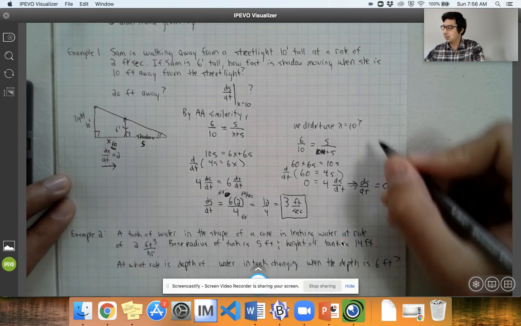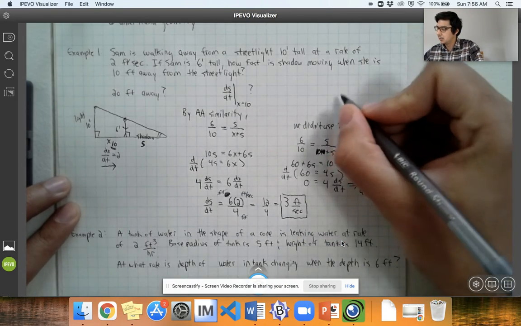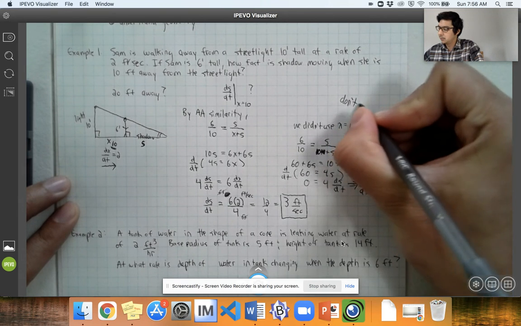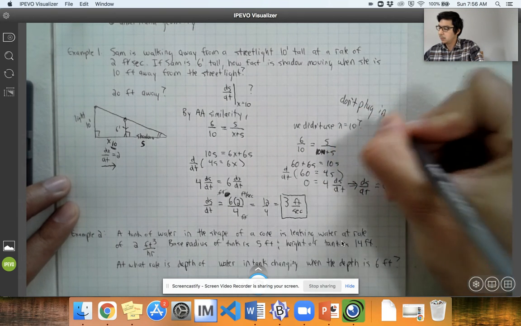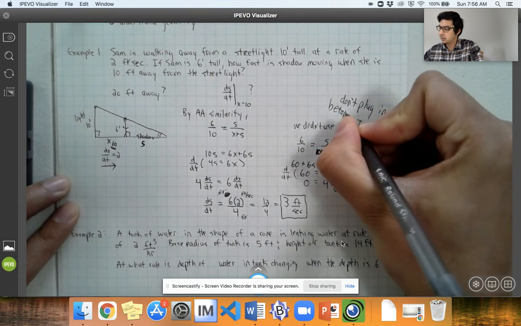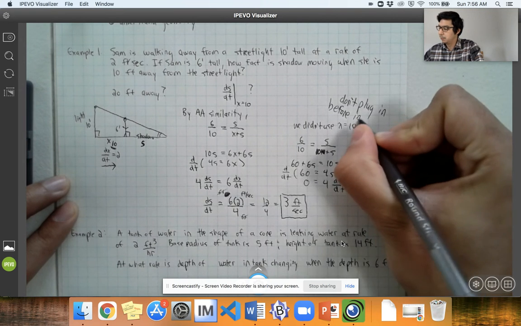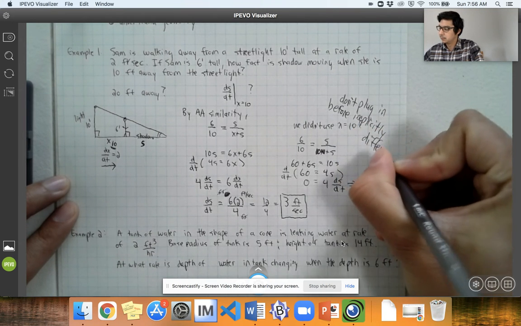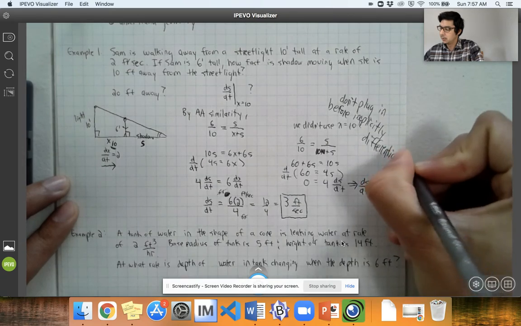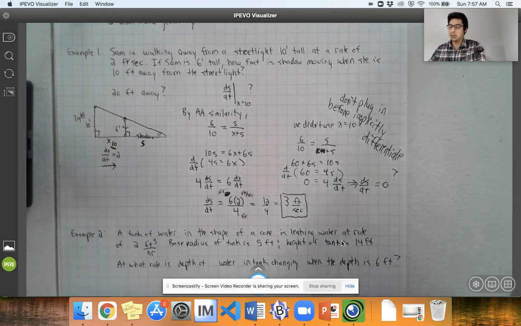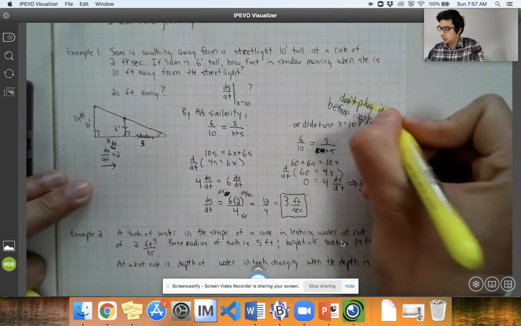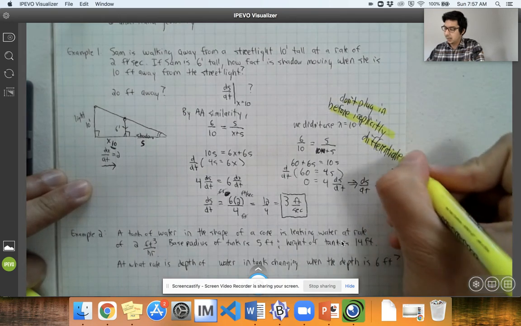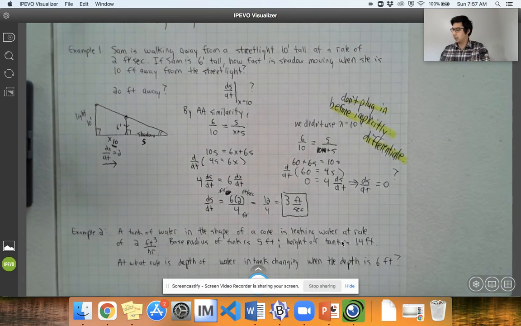This is a mistake. And that mistake is, don't plug in before you implicitly differentiate. You have to differentiate first before you plug in any numbers. And that's the mistake I wanted you to see in this problem.